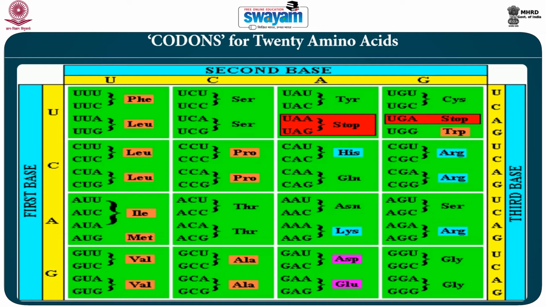CUA, CUG also code leucine. Glycine, for example, is coded by GGU, GGC, GGA and GGG. But there are few combinations like UAA, UAG, UGA do not code any particular amino acid, but these are stop codons.